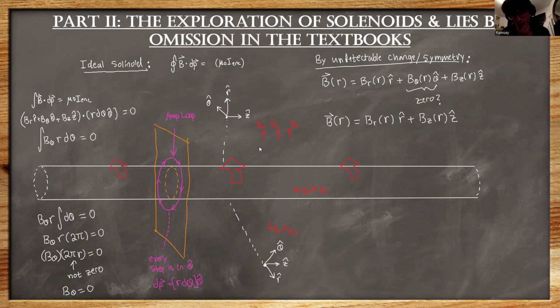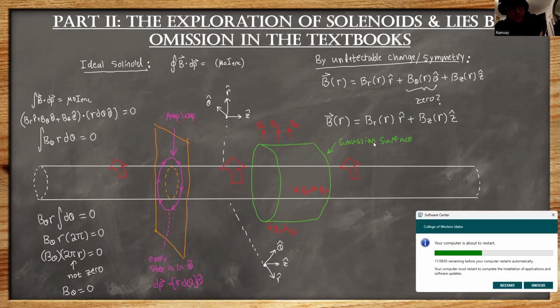But I think that if I drew an honest to goodness Gaussian enclosed surface like this, so let's say that's my Gaussian enclosed surface. And divergence is positive when? Divergence is positive when you have more field lines exiting than you do entering.